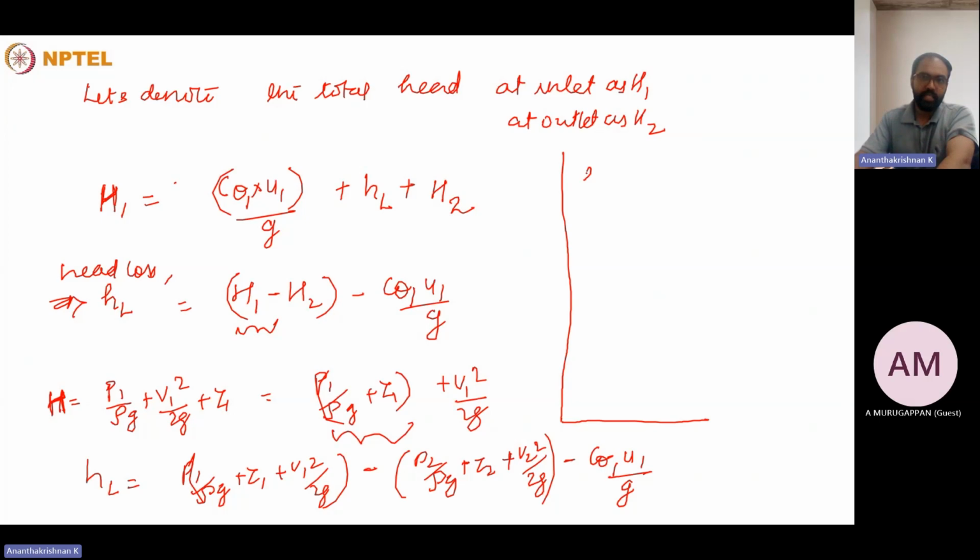Now we can rearrange the terms in such a way that the difference between the static pressure head and the elevation heads between the inlet and exit can be clubbed together. That will be equal to P1 minus P2 divided by rho g plus Z1 minus Z2. This particular term is given as 62 in this problem.